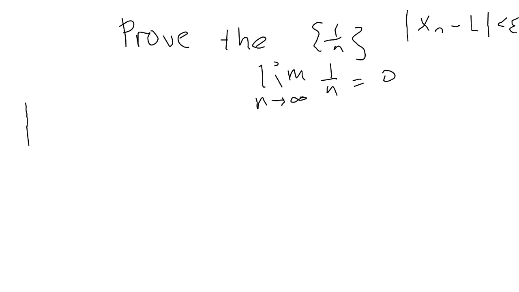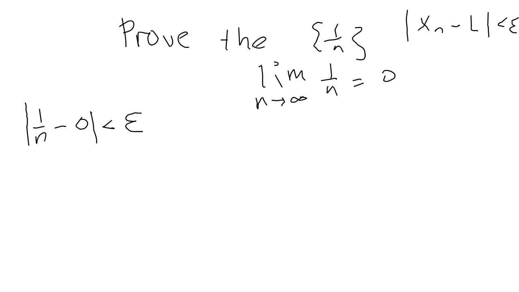This is rough work first, as usual. Absolute value of 1 over n minus 0 is less than... don't do less than yet, let's find the M first. So that is less than epsilon. You need to use that to find the M.